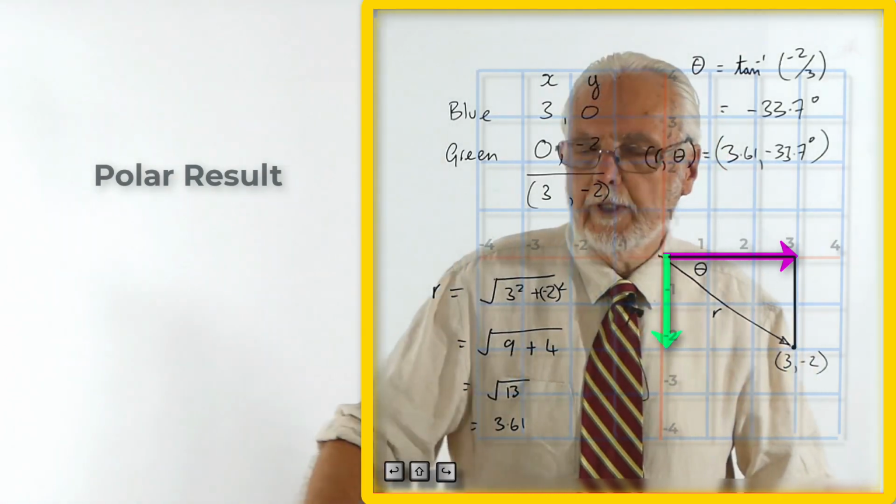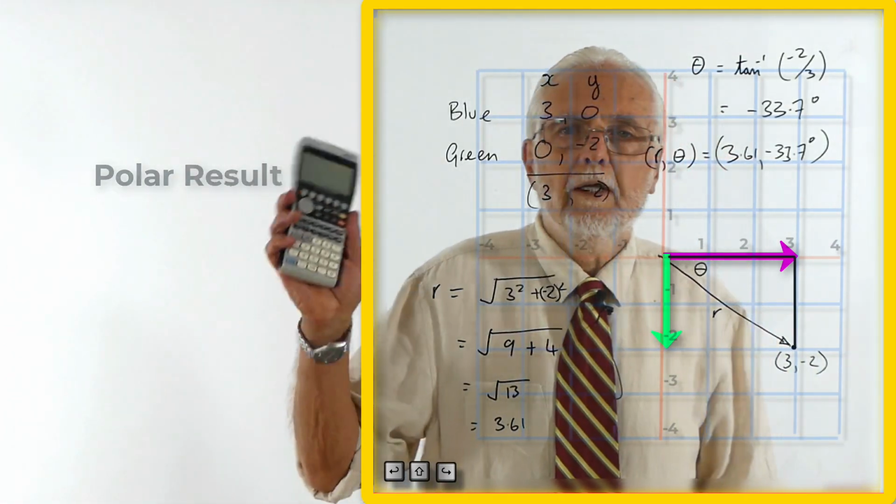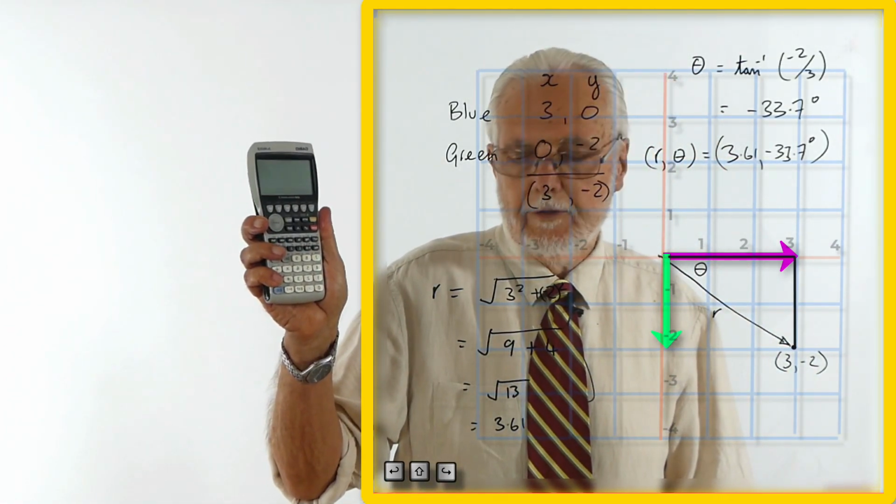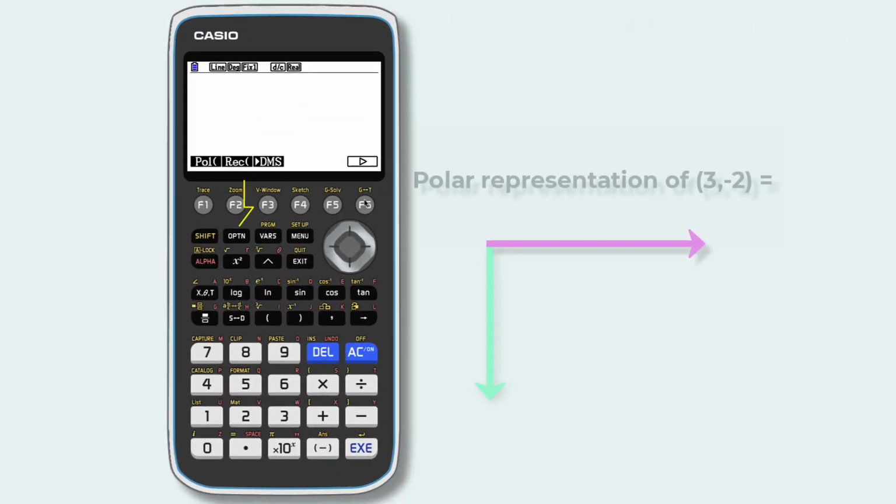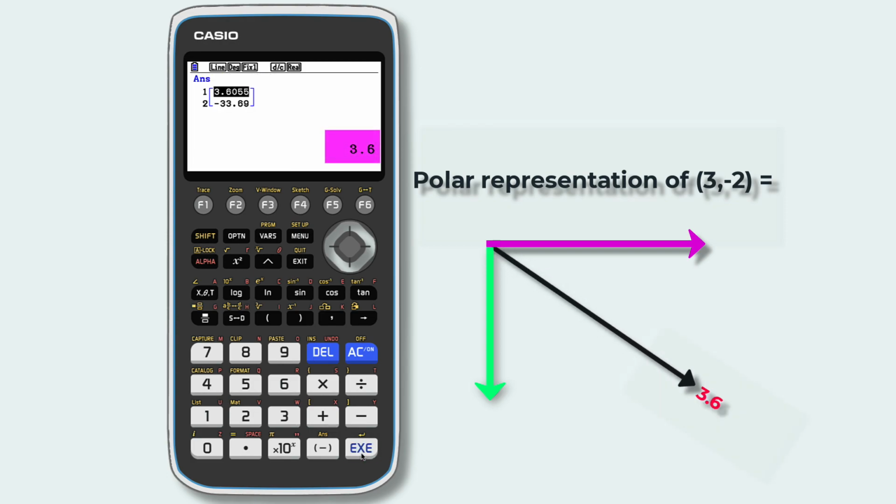So we can quicken things up by using our graphics calculator. So let's do that. The rectangular to polar window is accessed via the options key. We write the vector 3, negative 2, then press EXE to give our result. 3.6 for r and negative 33.7 for theta.